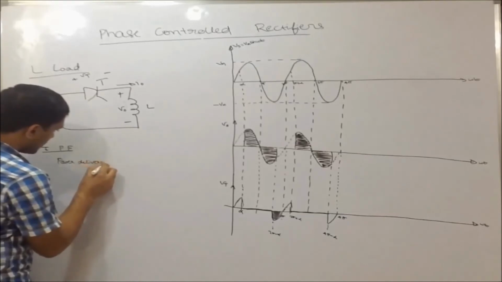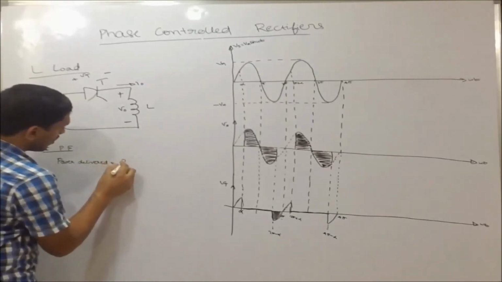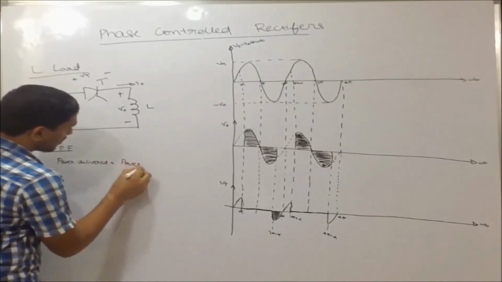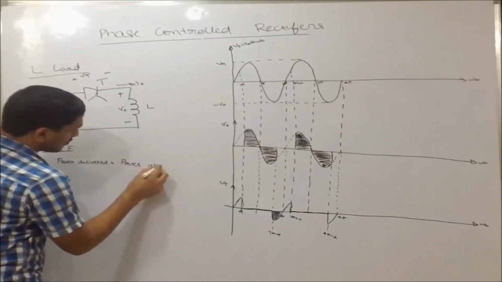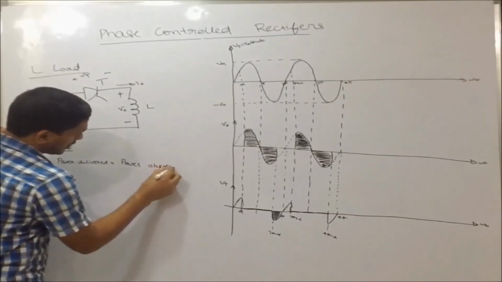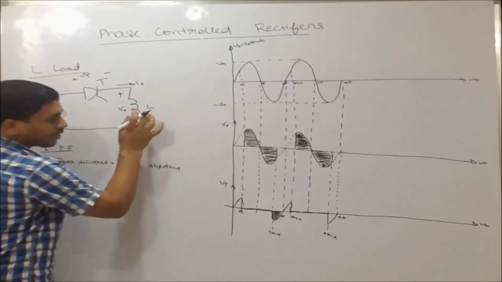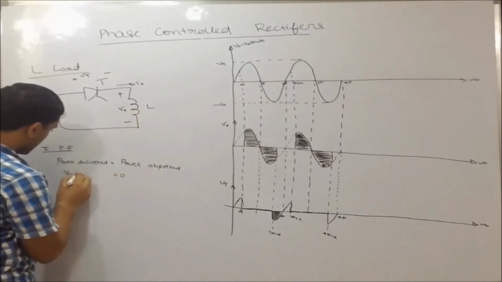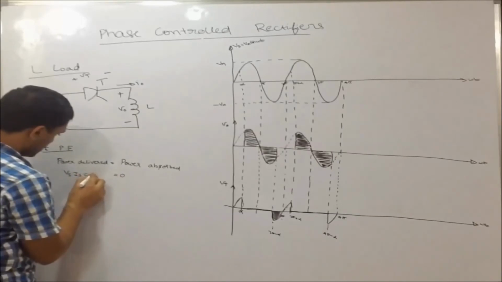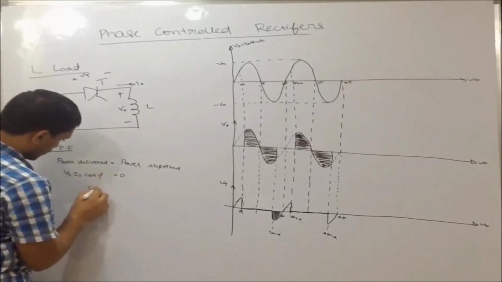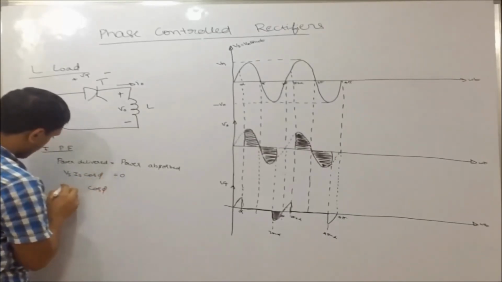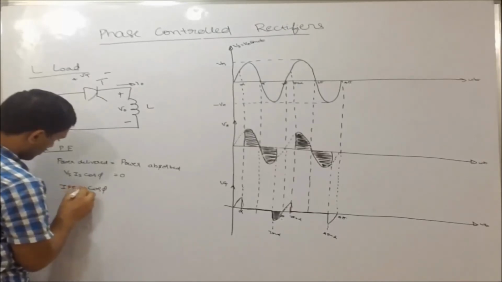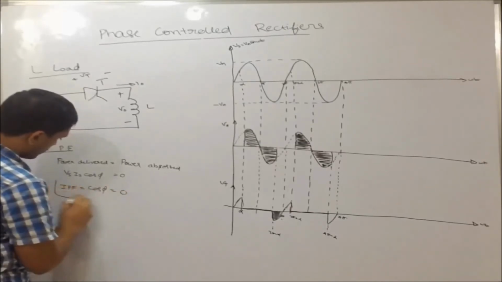The power delivered by the source is equal to the power absorbed. Who is absorbing the power? The load. Load is pure inductance, so it is 0. So Vs, Is, cos phi is 0. So cos phi, I say the input power factor, it is straight away 0.